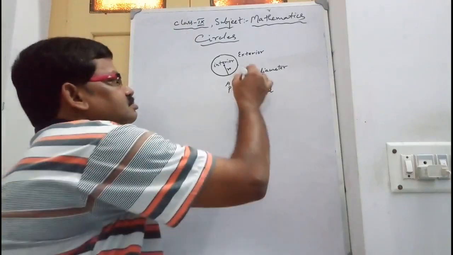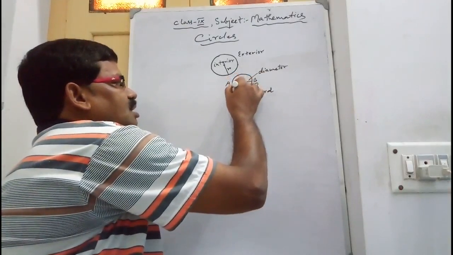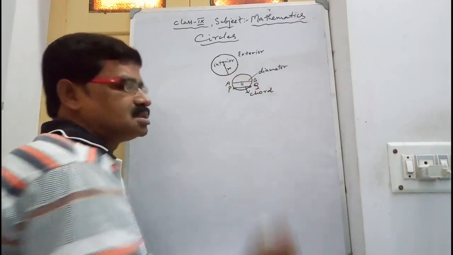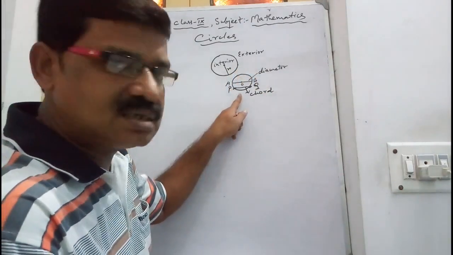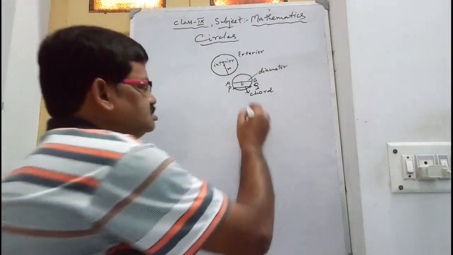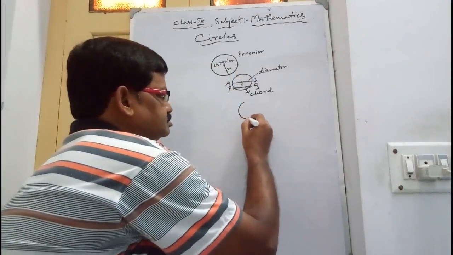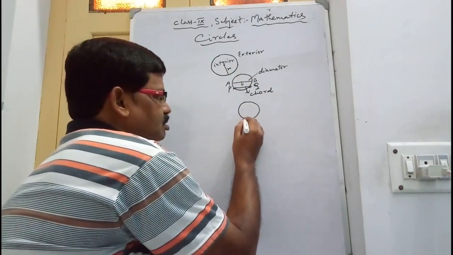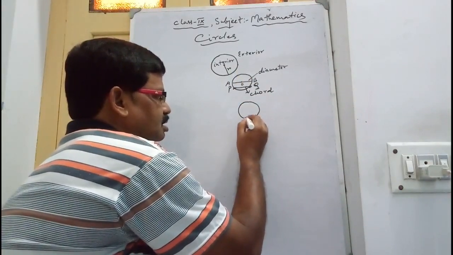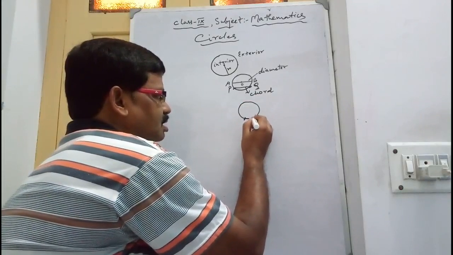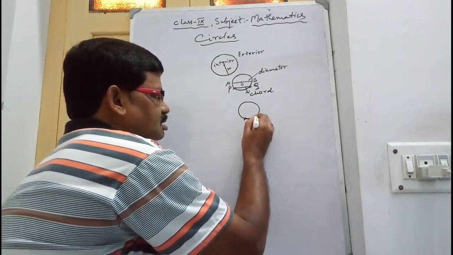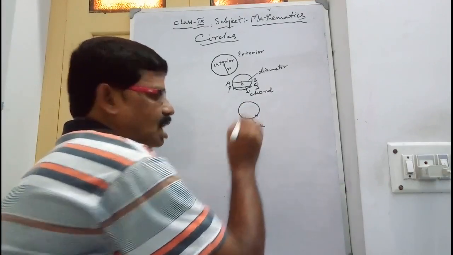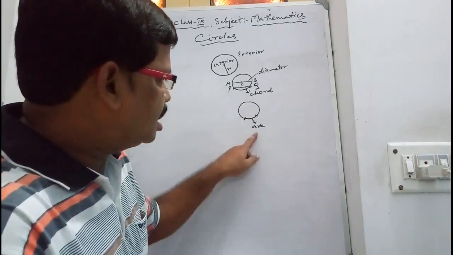Now if you take that one, this boundary is known as the circumference of the circle. Now if you take that length on the circumference, that is known as arc.